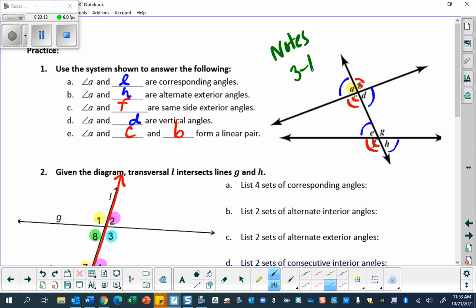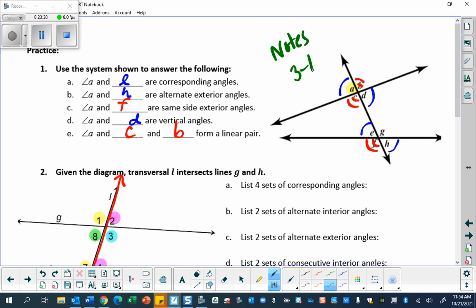Angle F, that's an F. A and F are same side exterior, A and D are vertical. And then if I'm forming a linear pair, A and C and A and D. Everybody good with that?